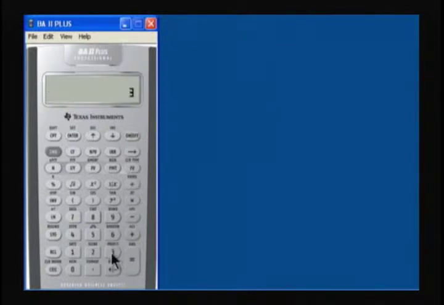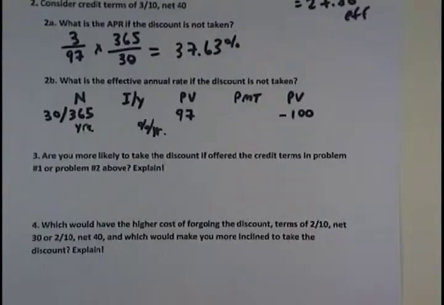My loan is for 30 divided by 365, or 8% of a year, about 1/12. And if I compute I/Y, that will give me my effective rate of 44.86%.